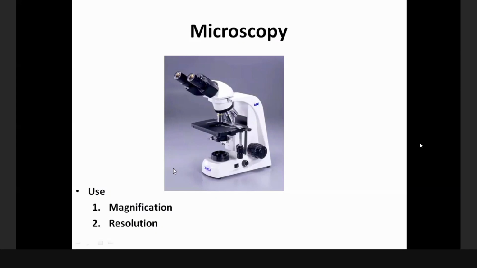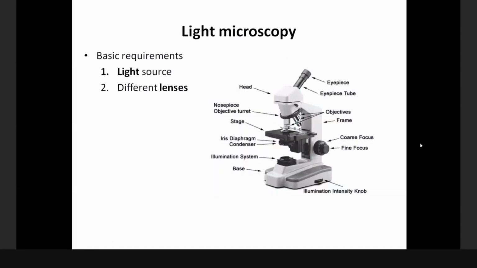So there is a limit, and a microscope has a higher resolution power. Even the quality of a microscope depends on the quality of its resolution power. And for these purposes, magnification and resolution, a microscope has to have the following basic components.